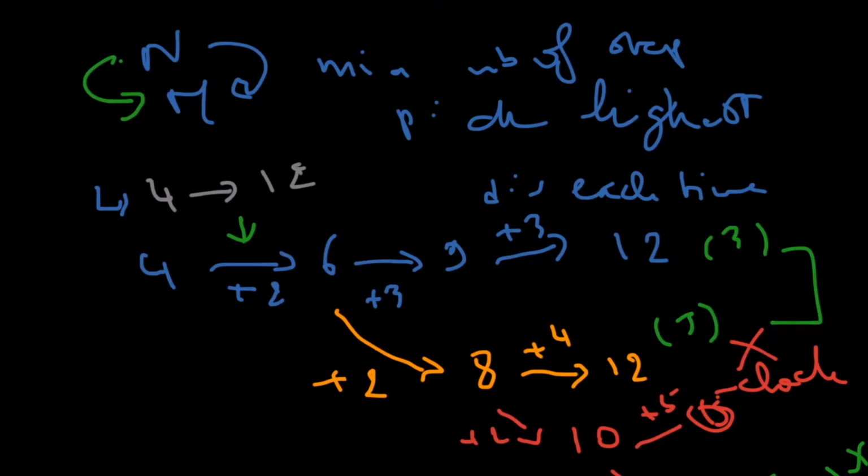To solve the problem, we just find the shortest path to get from the starting number to the number that we want. And to find the shortest path here, we can just use BFS. So that should solve the problem.